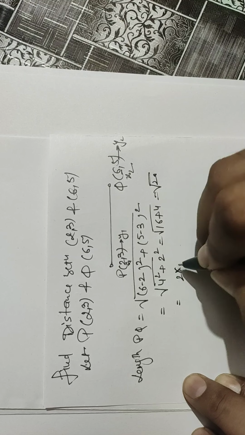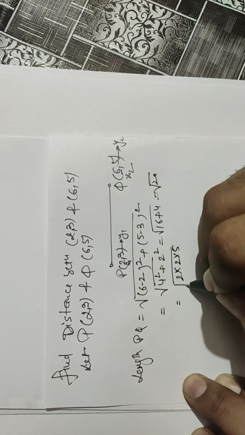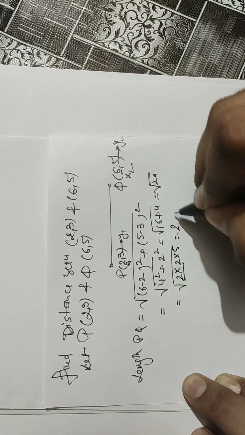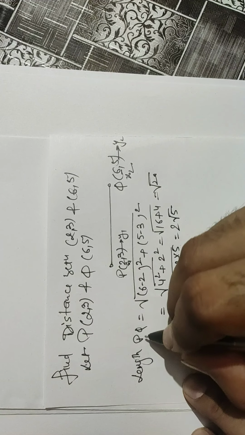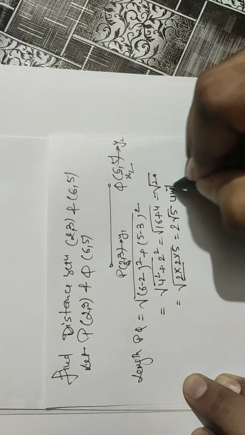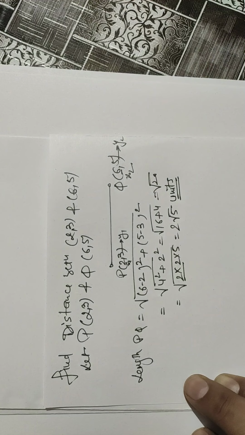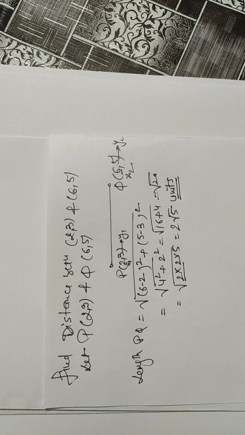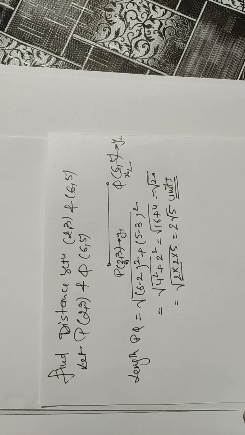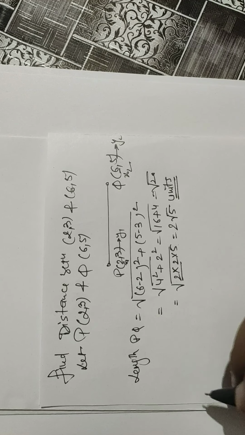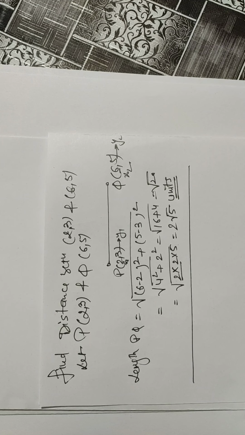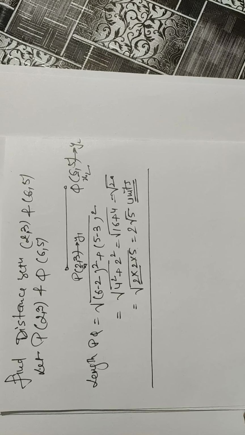We can factorize by the prime factorization method; if we get a pair, it comes outside. Because it is a length, we indicate units, since we cannot know whether it is in meter, centimeter or kilometer, so we use the common name units. This is the first type, finding the distance between two points.